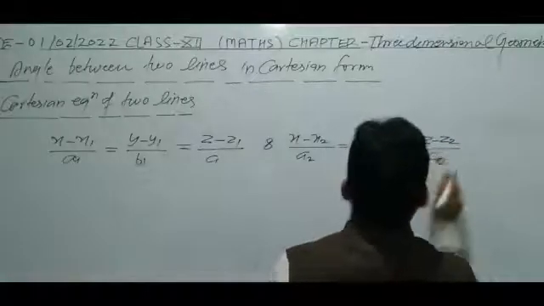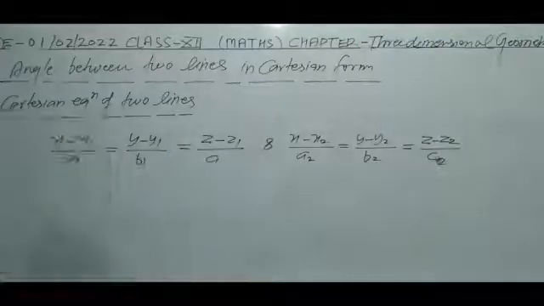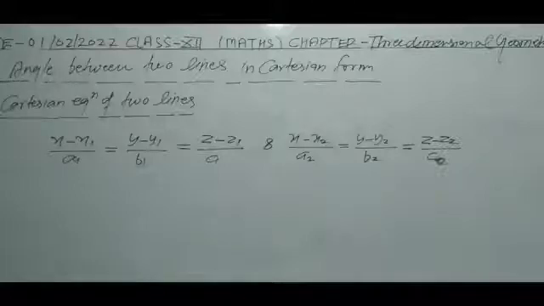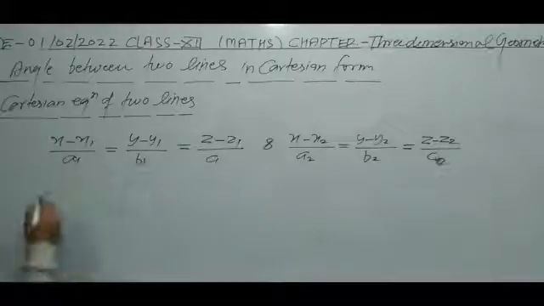This is the Cartesian equation of lines in terms of direction ratios. Now the angle between two lines in terms of direction ratios, what we can write?